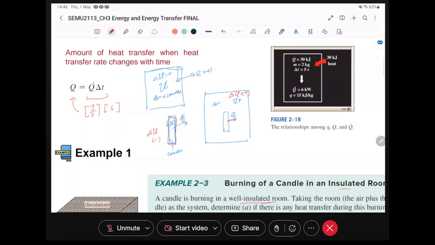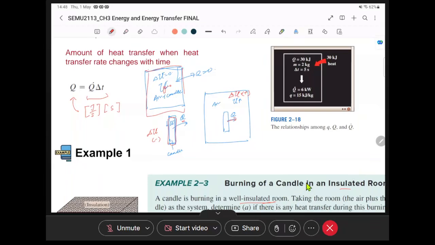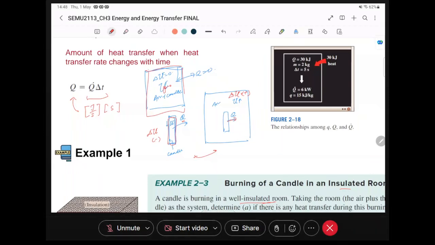But if we combine them together, this room itself, the candle and the air, they are exchanging heat between one another. But as a total, there is no net energy going into the system.